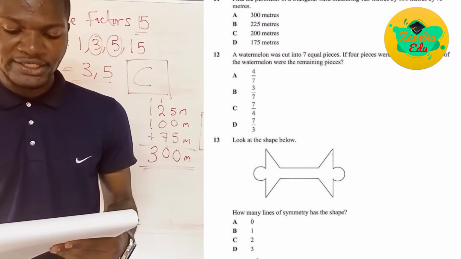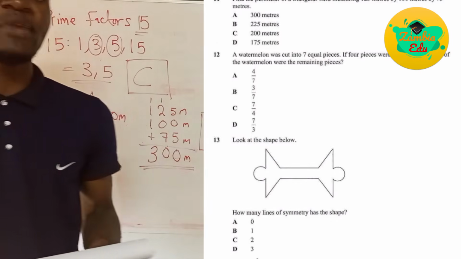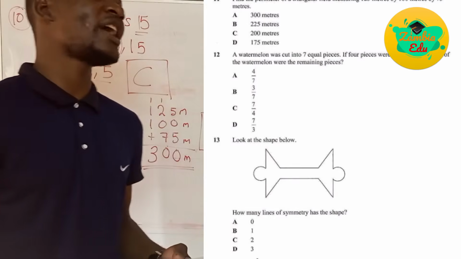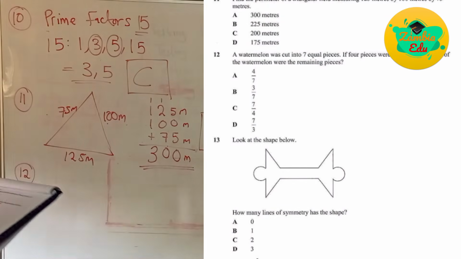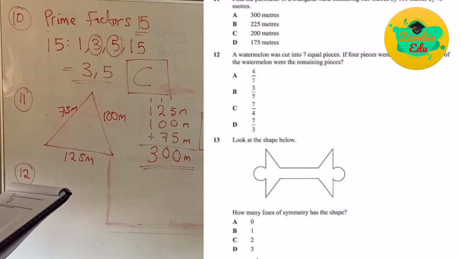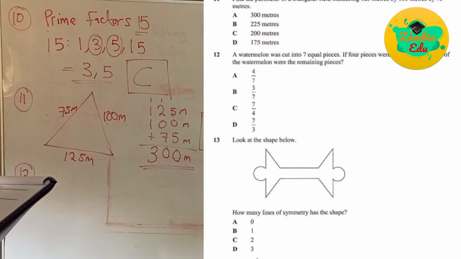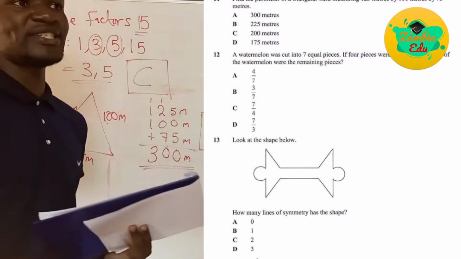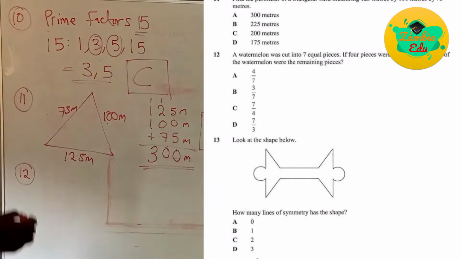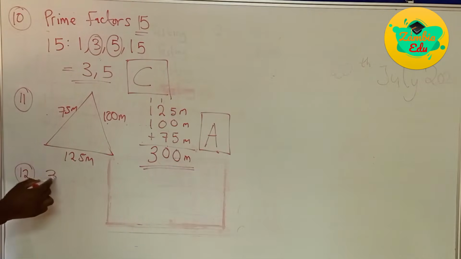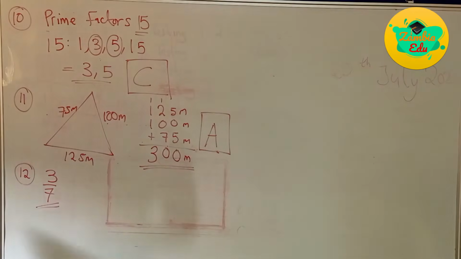If 4 pieces were eaten, what fraction of the watermelon was remaining? So this watermelon had 7 pieces and 4 have been eaten, which means that 3 pieces remain out of the 7. So the fraction that remains is 3 over 7.